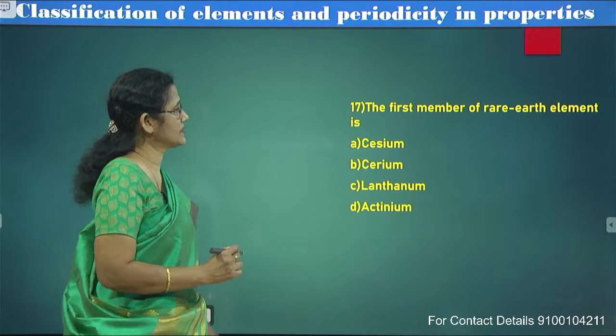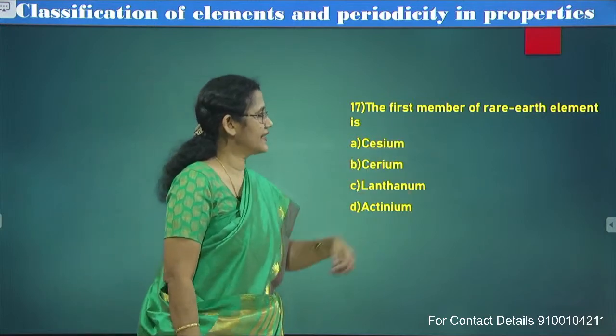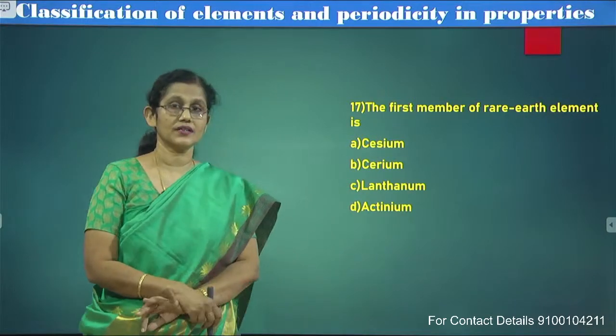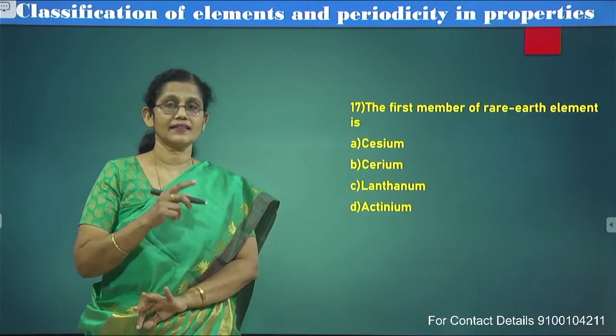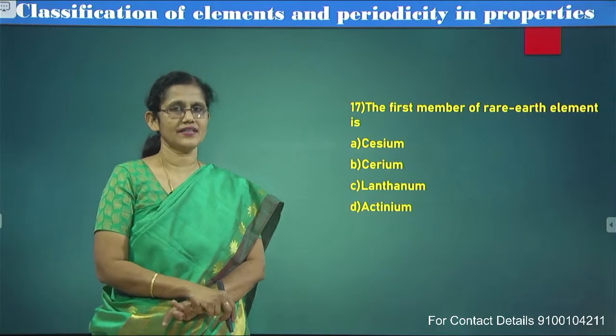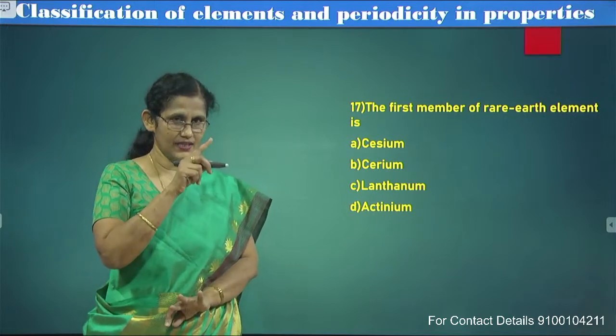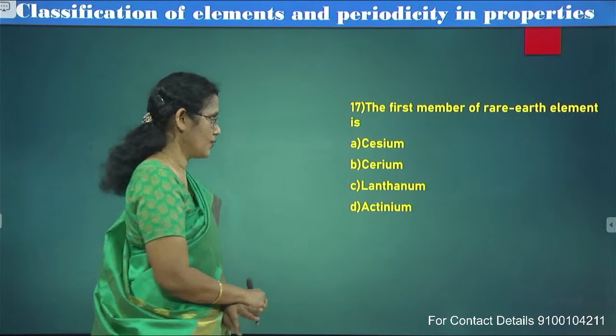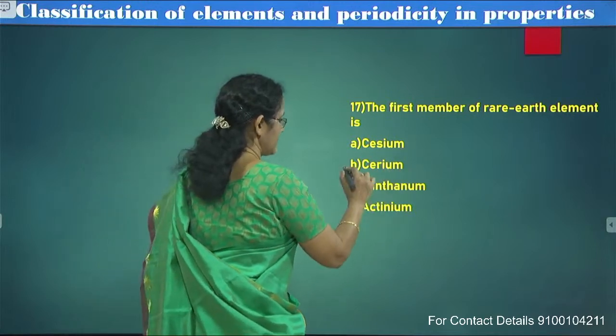Now, see the question, the first member of rare earth elements. What are rare earth elements? Lanthanides are called rare earth elements. What are they? From cerium to lutetium. So, what is the first member? Cerium.